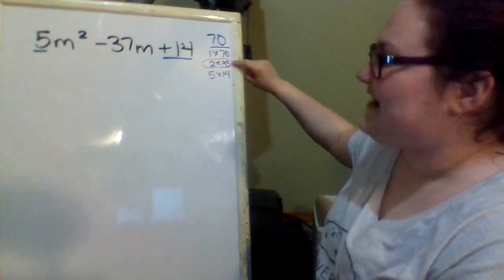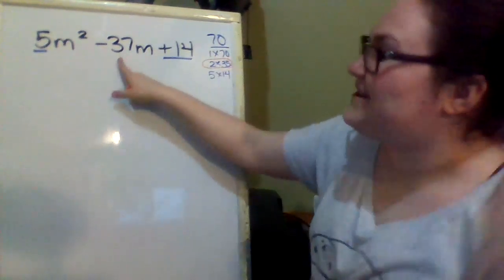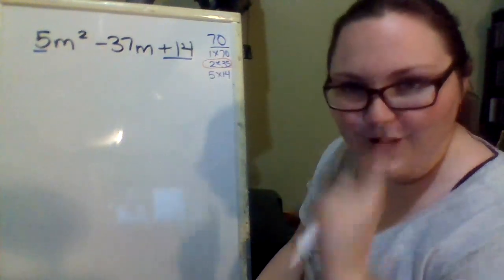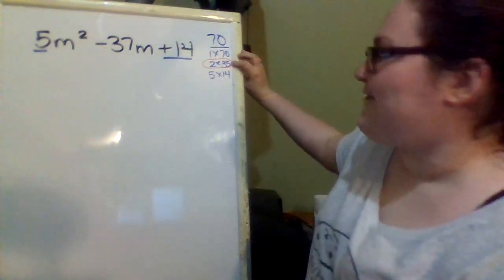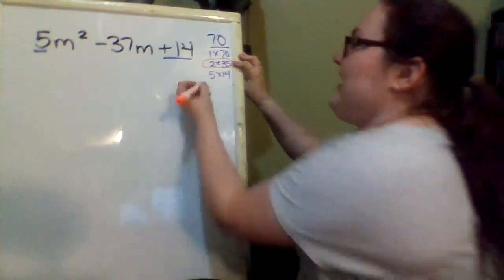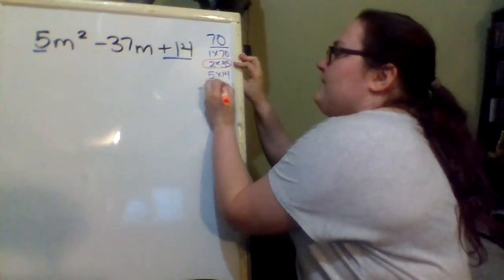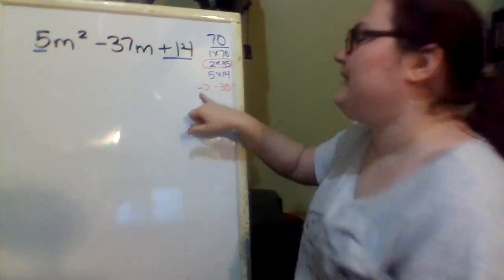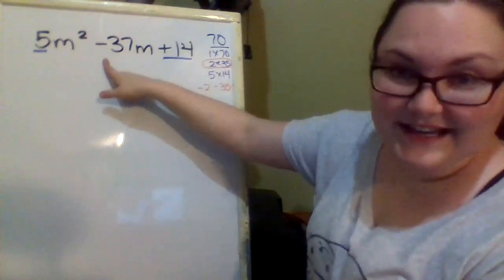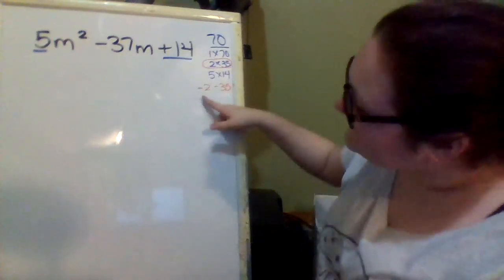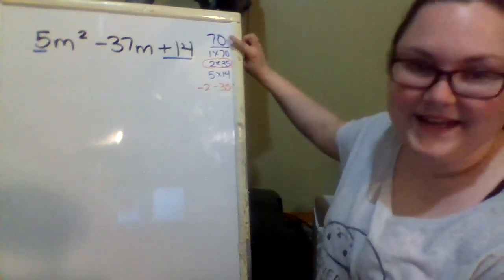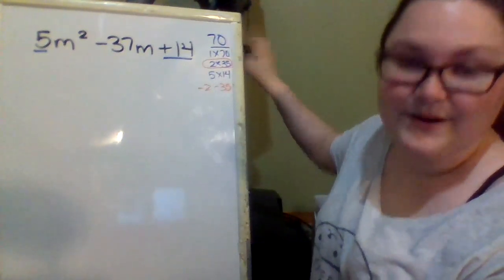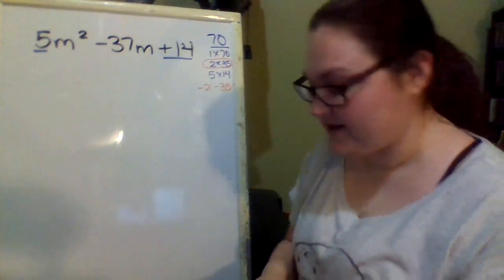So when I wrote that down, because I had that 37 in the back of my head, I was like, oh, that may be the pair that works. So if I play around with the 2 and the 35 a little bit, I can see that if I make them both negative, negative 2 minus 35 would give me that negative 37 I want, and negative 2 times negative 35 give me that positive 70 I want. So I have found that combination of numbers.